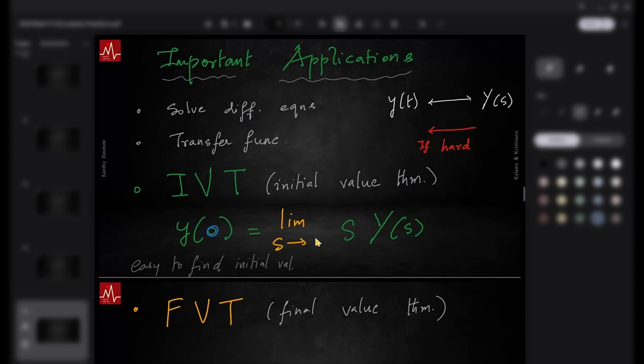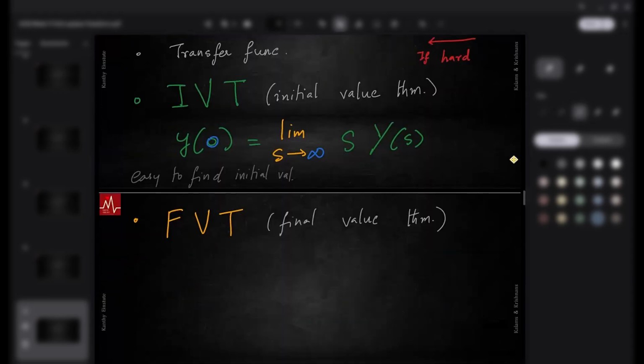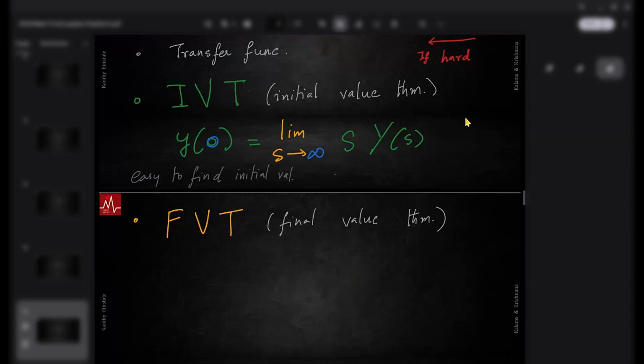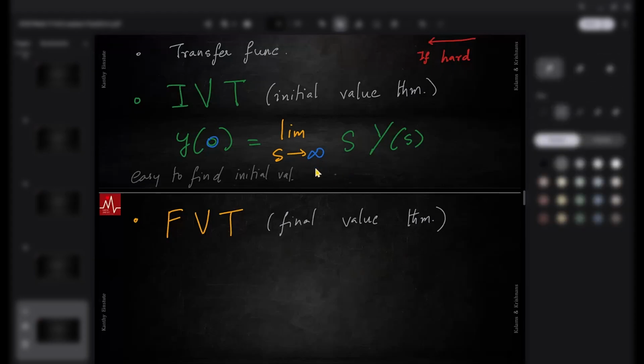To find y of 0, you substitute s tending to infinity. So given the function, multiply by s, substitute the limit s tending to infinity, and you get the initial value. This is important, I'm going to box that. Easy to find the initial value in the Laplace transform.